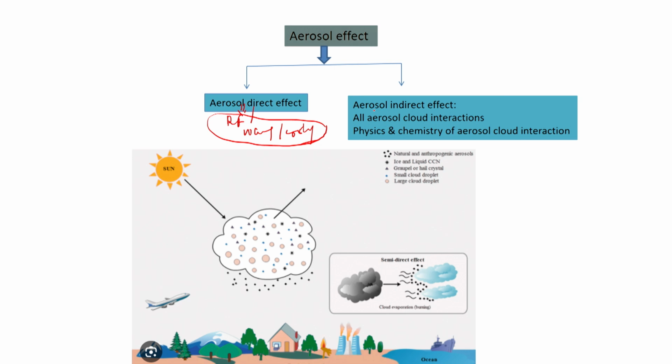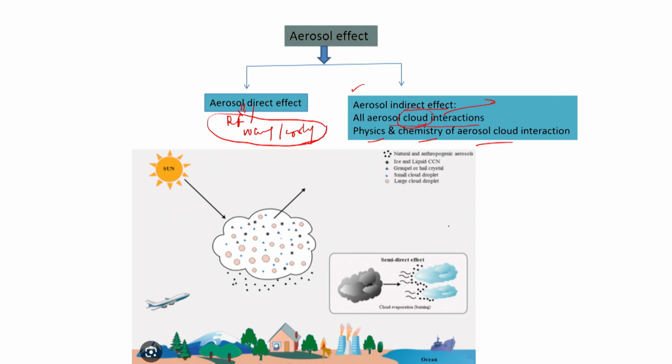The other way is the aerosol indirect effects, in which aerosols interact with the cloud. It could be in how the clouds are formed, or within the clouds, and this happens through the physics and chemistry of aerosol-cloud interaction.